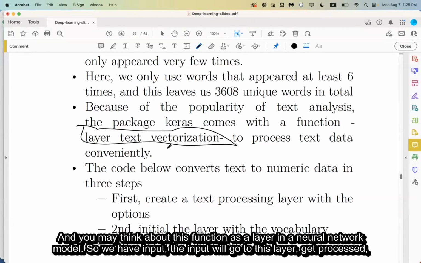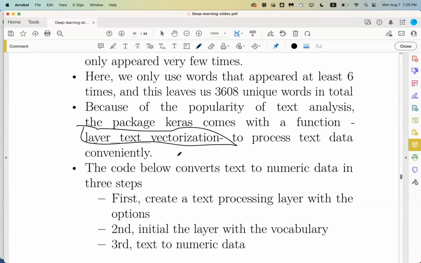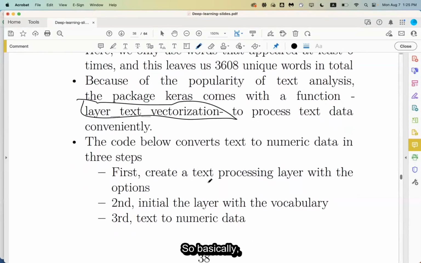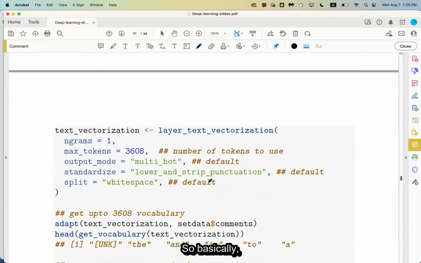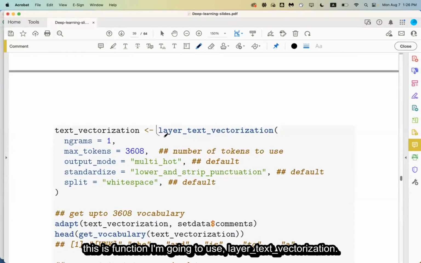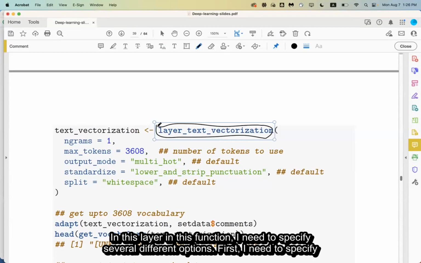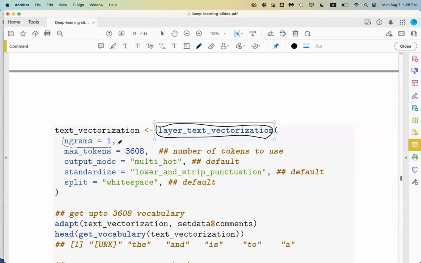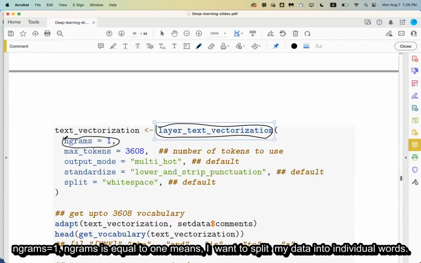The input goes to this layer, gets processed, and then is fed into the other hidden layers. So this is the function I'm going to use, layer_text_vectorization. In this function, I need to specify several options. First, I specify n-grams equal to 1. N-gram equal to 1 means I want to split my data into individual words.